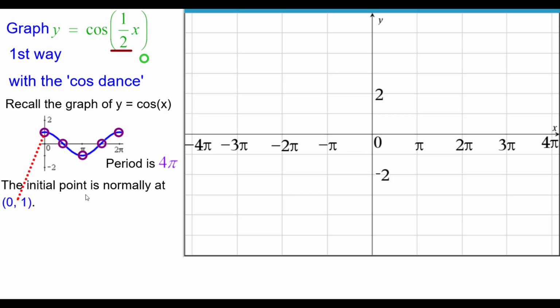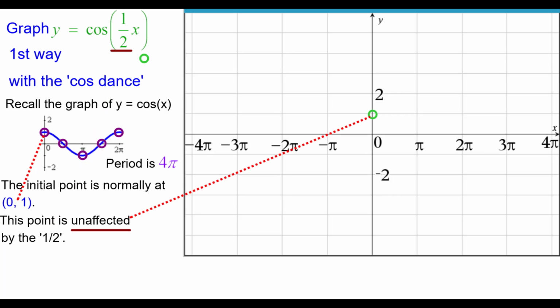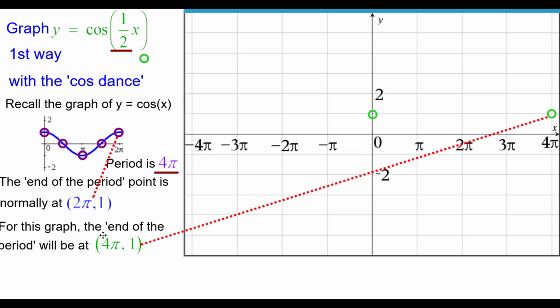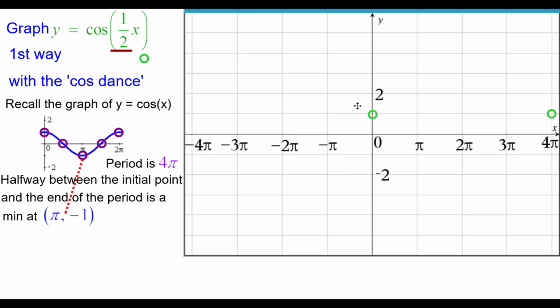The initial point on the cosine is a maximum at 0, 1. The point is unaffected by this factor of 1/2 times x, so that will still start at 0, 1. The end of the period is also a max at 2 pi, 1. For this, it will end at 4 pi, 1, because the period is 4 pi.